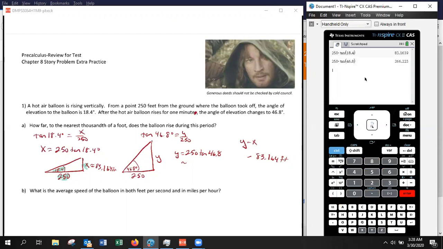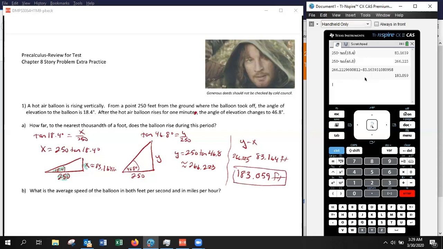And I get 266.223. If I take that and subtract the 83.1639, I get that the balloon traveled 183.059 feet. All right, question number one answered.